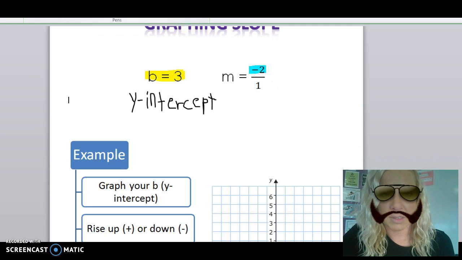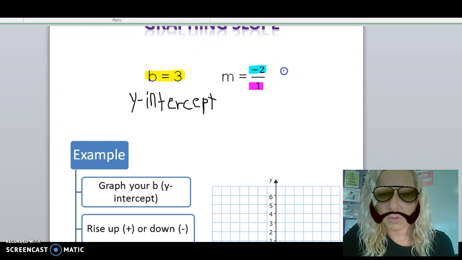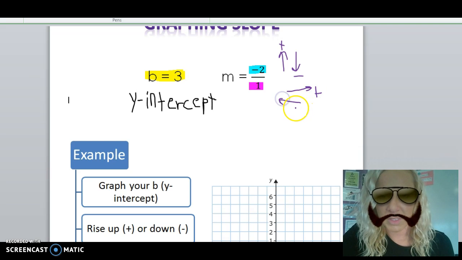This is our rise. This is our run. Our rise goes up and down. It goes up if it's positive, goes down if it's negative. This is our run, so it goes to the right if it's positive, and to the left if it's negative.